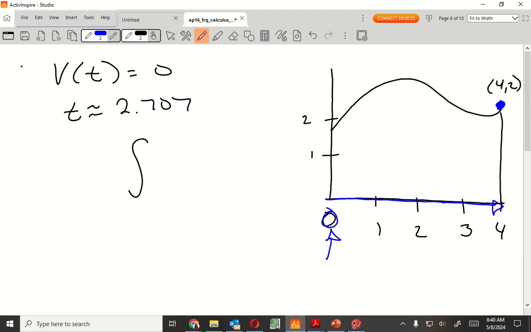I know what this location is. So what do you think I should do with my integral here? If I'm moving along this way in my function, I'm trying to go backwards here.